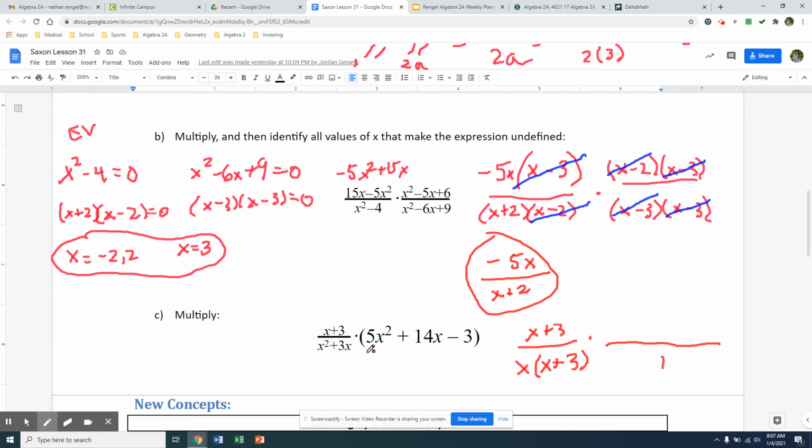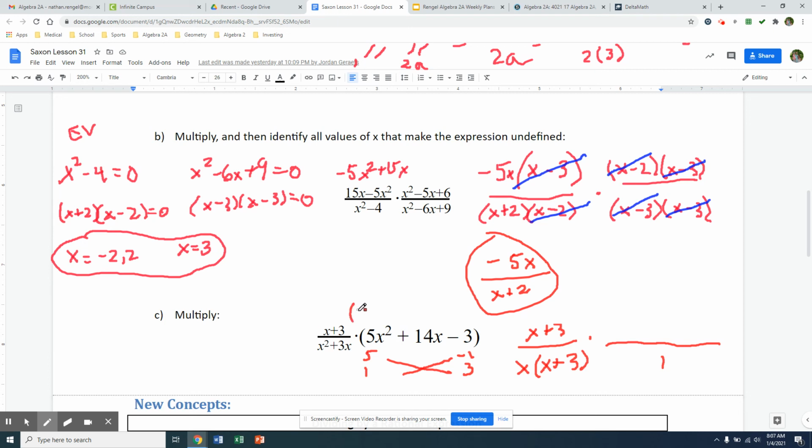So my firsts have to be a 5 and a 1. And then to get to negative 3, I have to use a positive 3, negative 1, or negative 3, positive 1. But what I'm seeing is if I put the 5x and a 3 on the outside, that's going to multiply to positive 15. And then on the inside, if I put a 1 times negative 1, that's going to multiply to negative 1x.